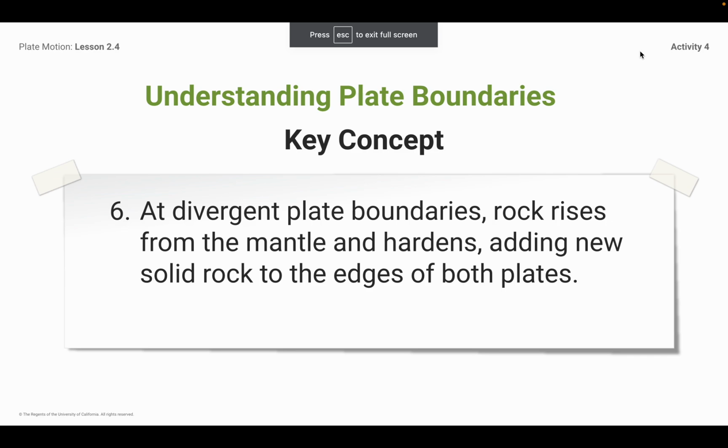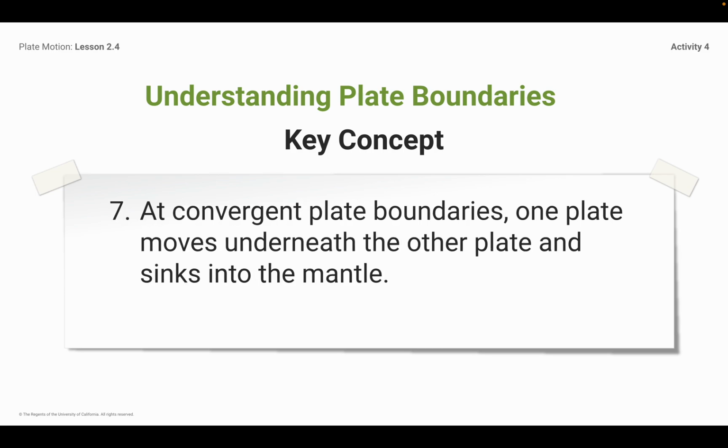I want to review a couple key concepts and then we're going to just get started. So yesterday we had a couple different missions in the sim, and the whole point was to double check your plate motion comparison chart. And so when we were all done, we made sure that we understood that key concept number 6 says at divergent plate boundaries, rock rises from the mantle and it hardens, adding new solid rock to the edges of both plates.